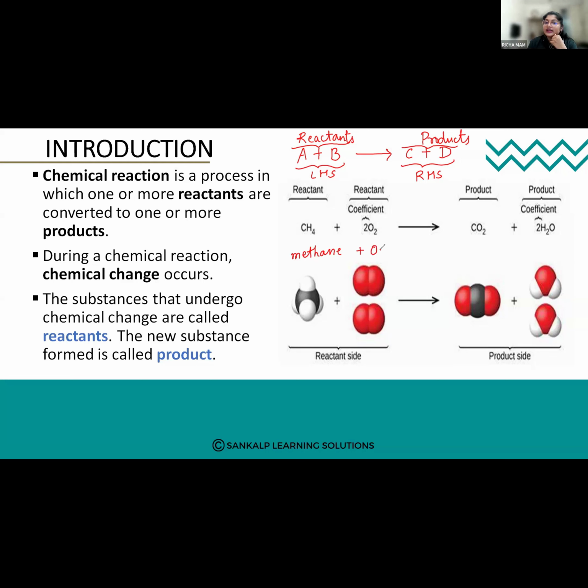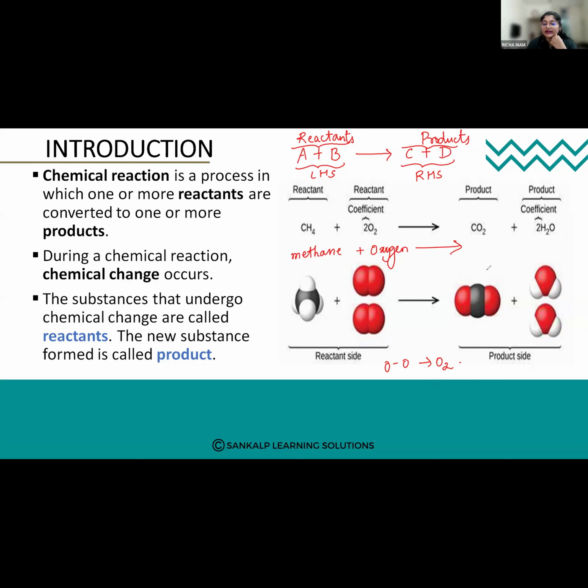Methane reacts with dioxygen, a diatomic molecule, meaning two oxygen atoms combine, that is O2. When methane combines with oxygen, you get carbon dioxide and water as the products.